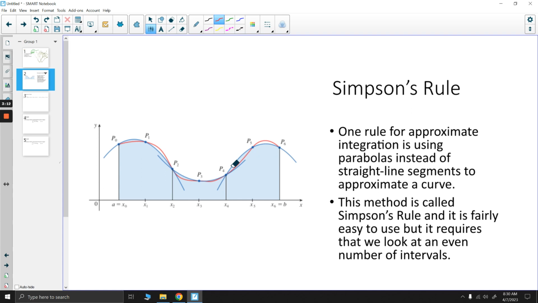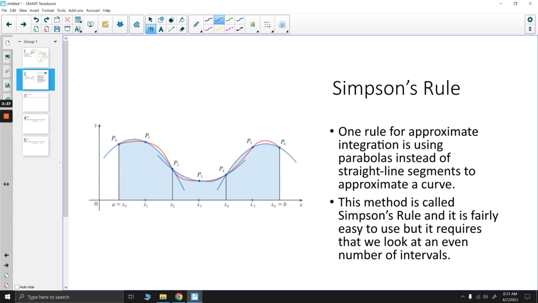If you're trying to fit a curve to a curve, that's a challenge conceptually, but a curve is definitely a better depiction of a curve than, say, a straight line. So it makes sense to use this, but like I said, it's pretty much the only one we really need to know for this class, and it's pretty easy. It follows a formula. We'll talk about that in a sec.